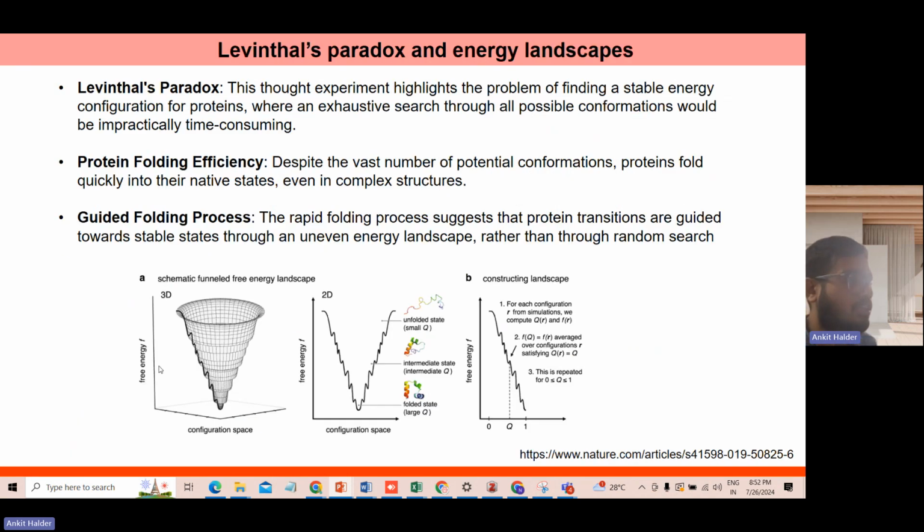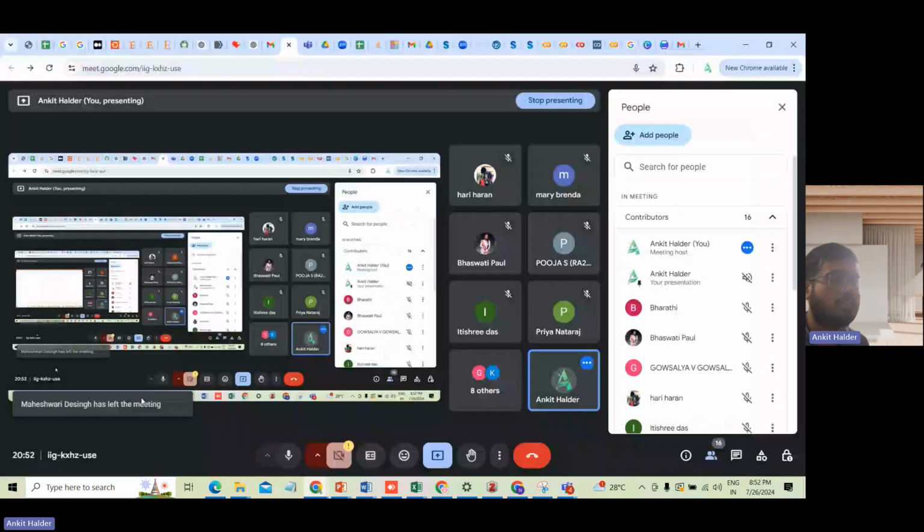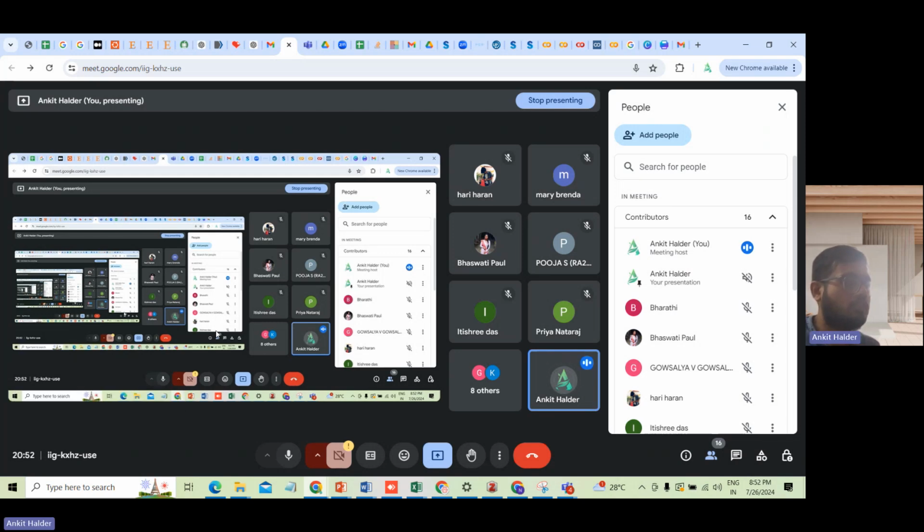So now there is another concept, Levinthal's paradox and energy landscapes. Would any one of you like to give a brief idea of Levinthal's paradox? You have gone through this in the video, right?